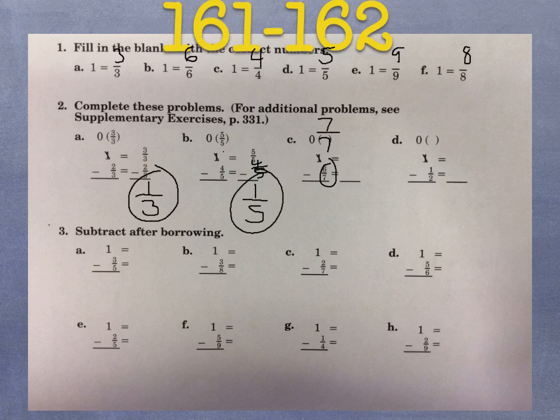Make it neater than mine. I don't have a lot of room to squeeze it in there, but 7 over 7 needs to go in the parentheses. And now we're able to do 7 over 7 minus 6 over 7. And that leaves us with 1 over 7.